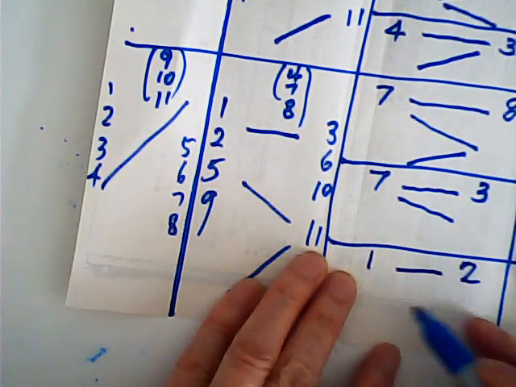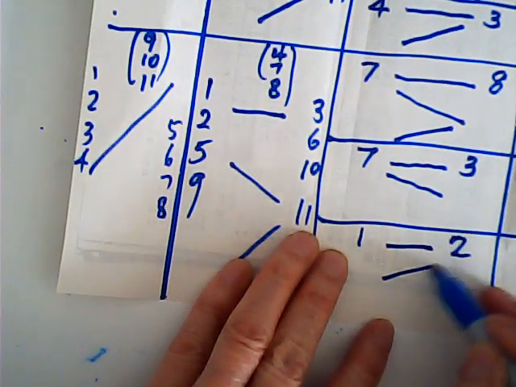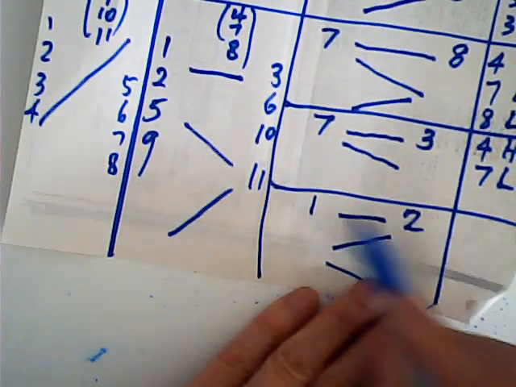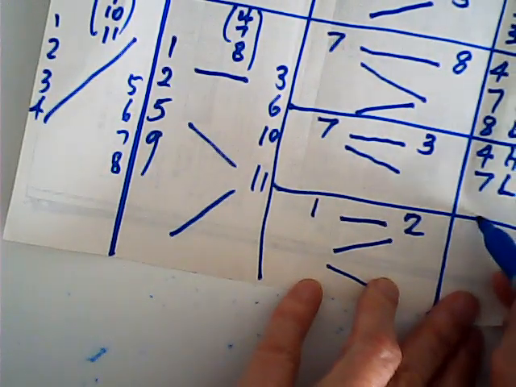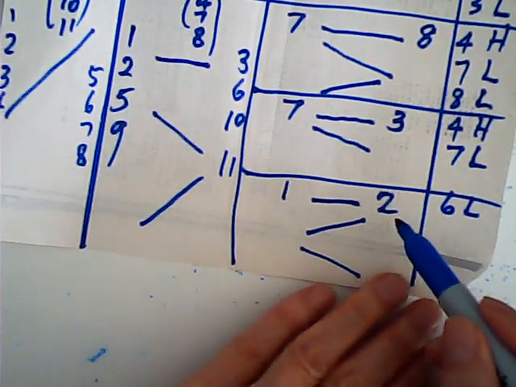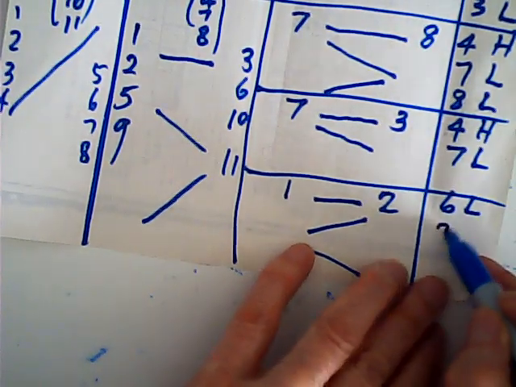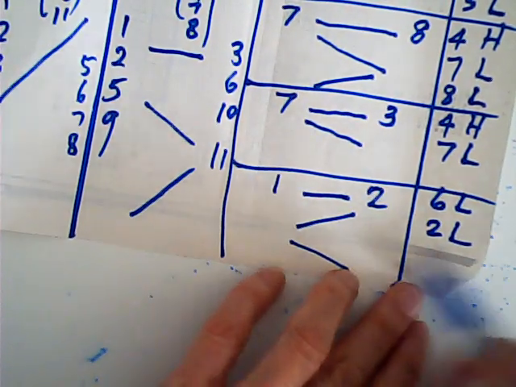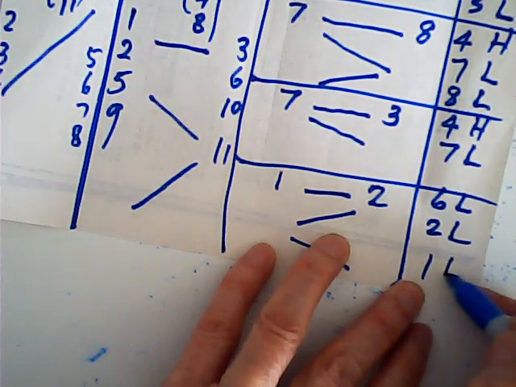And this could be this way, or this way, or that way, right? If 1 and 2 balance, that means 6 is lighter. If this happens, 2 is lighter, right? Because I know 1, 2 must be lighter; it cannot be heavier. If this is the situation, 1 is lighter. So that shows all possibilities with all possible results.